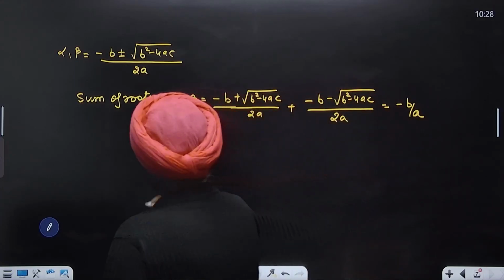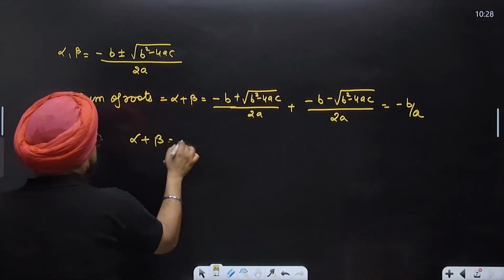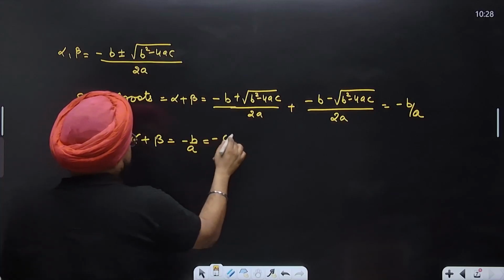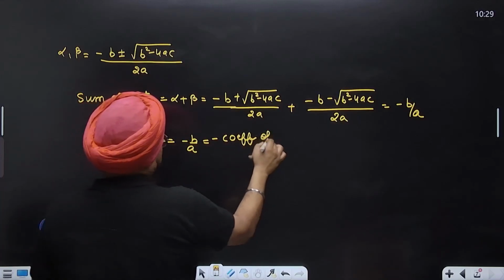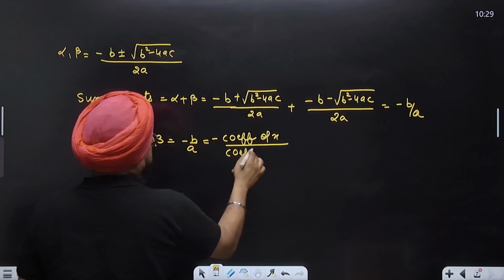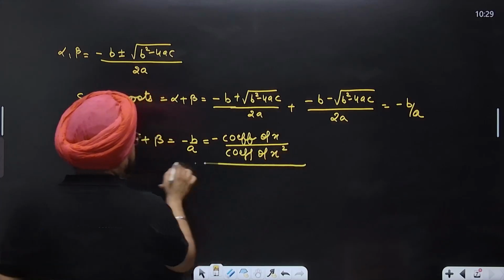So sum of roots is minus b by a, that is minus coefficient of x upon coefficient of x square.